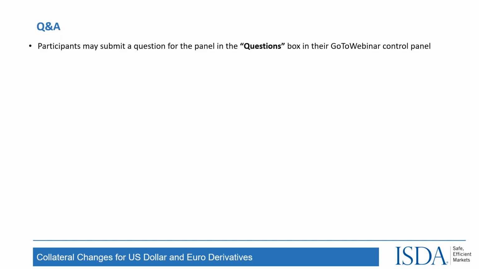That obviously has implications for margining. Although it should not impact the netting under that master agreement, it means there's two different collateral pools. It's going to have operational impacts as well.